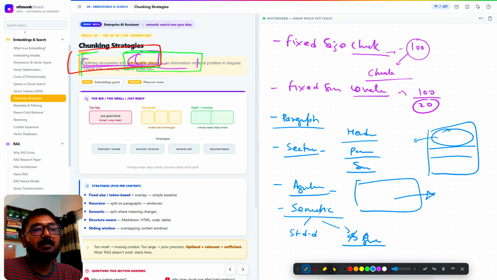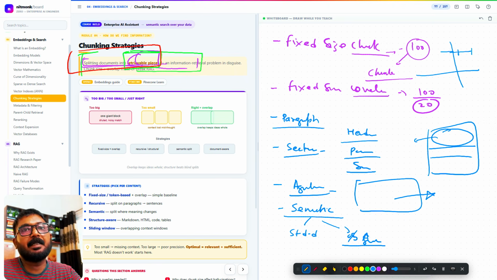And standard deviation is kind of a number that you decide on when to break them, when the similarity will break. Like the way we just understood it, we do cosine similarity and the calculation, and if it goes closer to 1, then we say that they are similar, and thus we keep on checking as a standard deviation. If you talk about percentile, then we say if these percentage numbers are similar, then pick it, right? That is a major difference, and these are the different lists of chunkings.